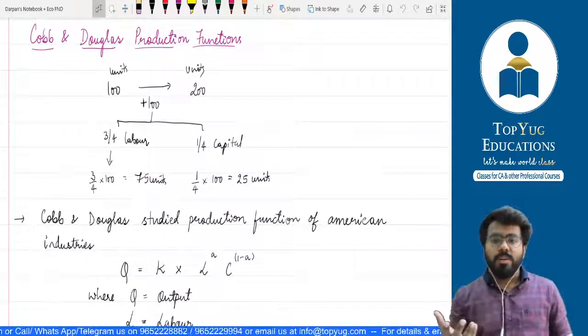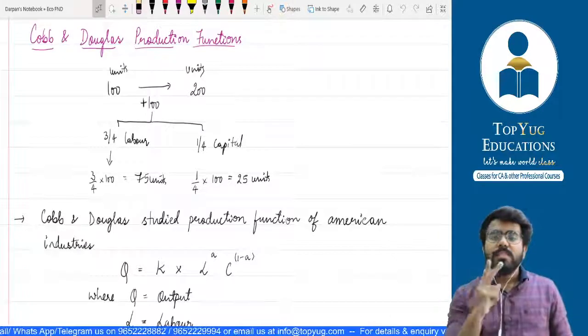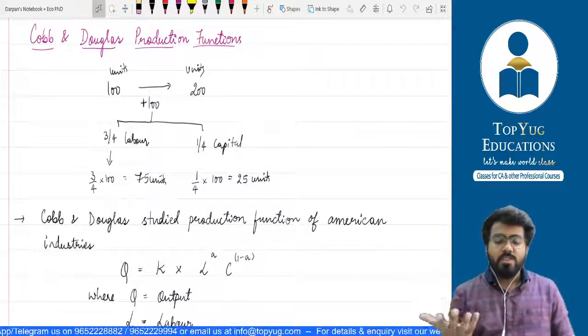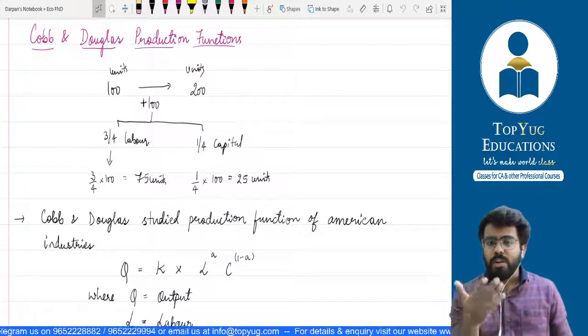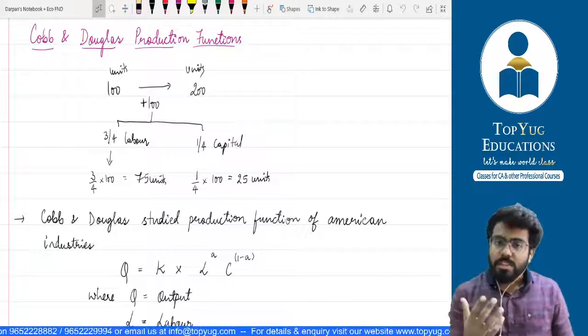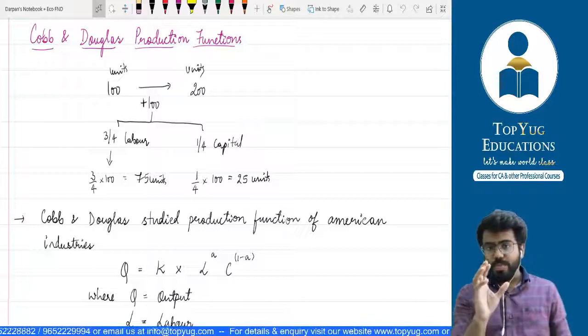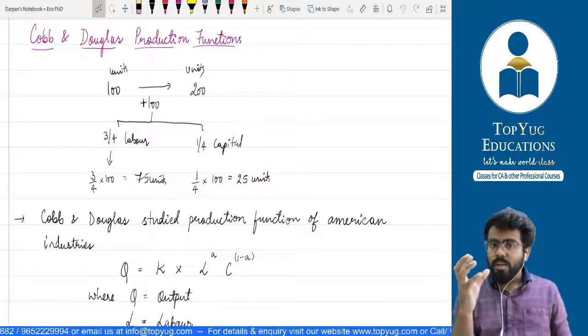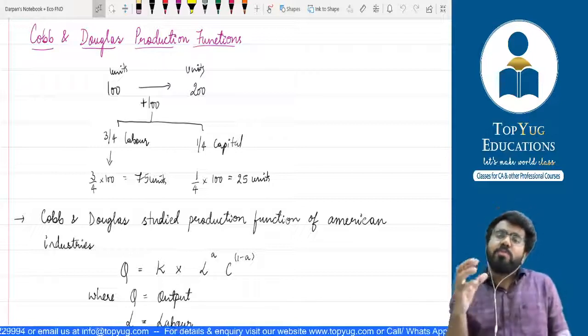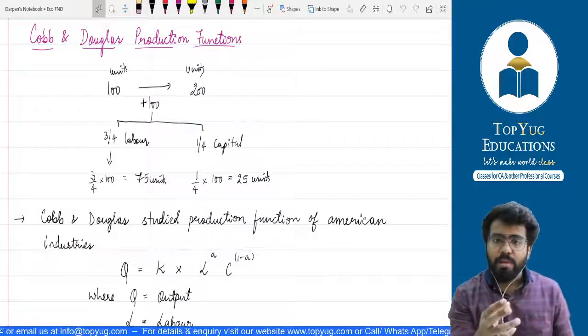Then the Cobb-Douglas production function. What was this? These are two people who studied American industries and saw what happens with production function in American industries. What did they observe? They observed that 3/4 of the increase in production was contributed by labor and 1/4 of that was contributed by capital.